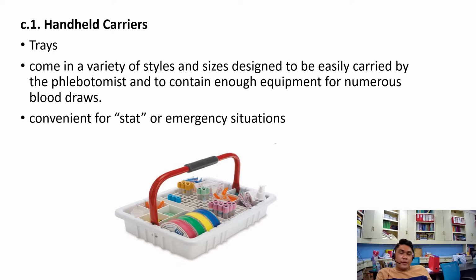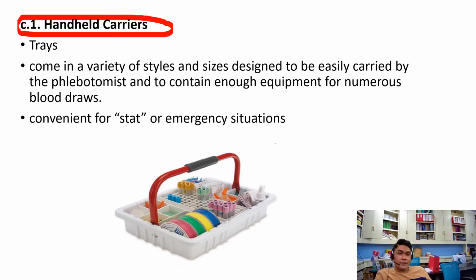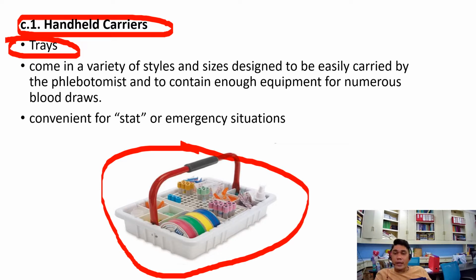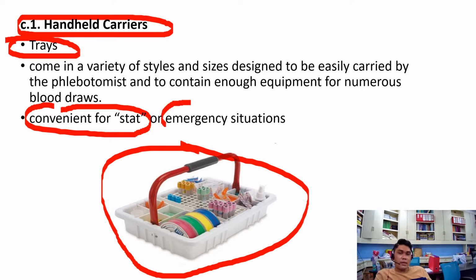So examples of equipment carriers: you have the handheld carriers. And for handheld carriers, you have trays, or the phlebotomy tray or warding tray. Okay, it comes in a variety of styles and sizes designed to be easily carried by the phlebotomist and to contain enough equipment for numerous blood draws. And it should be convenient for stat, so it's not bulky, so that you can bring it easily, and it's convenient for a stat or emergency situation.